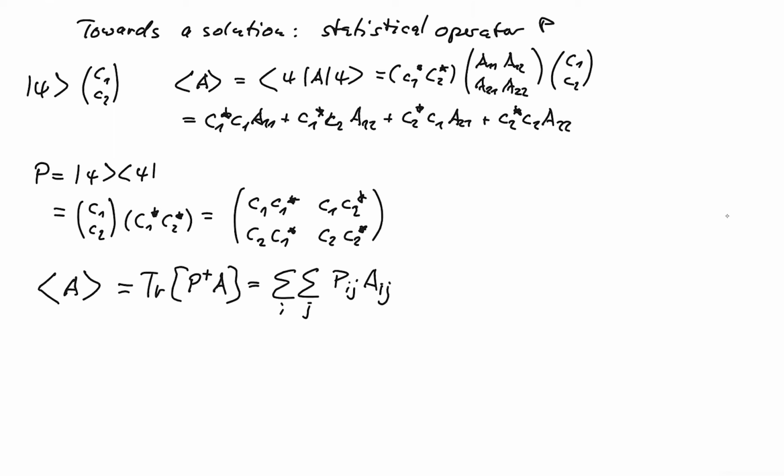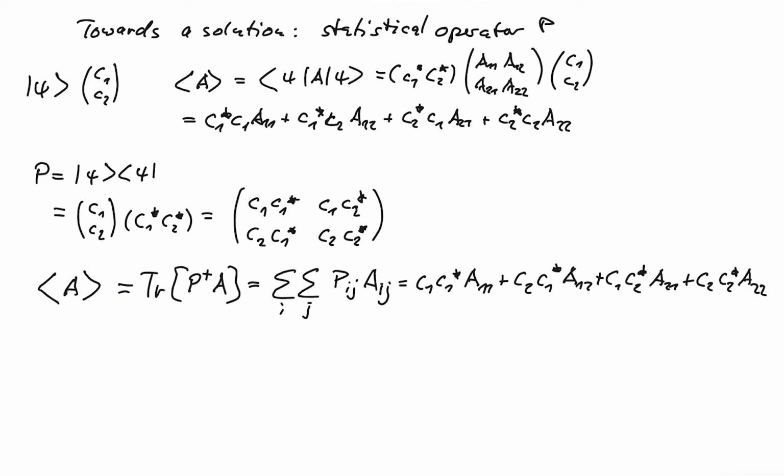And when we write it down, this simply gives C1 C1 star A11 plus C2 C1 star A12 plus C1 C2 star A21 plus C2 C2 star A22.